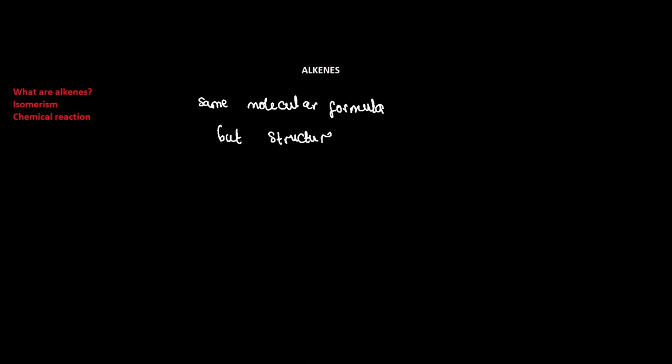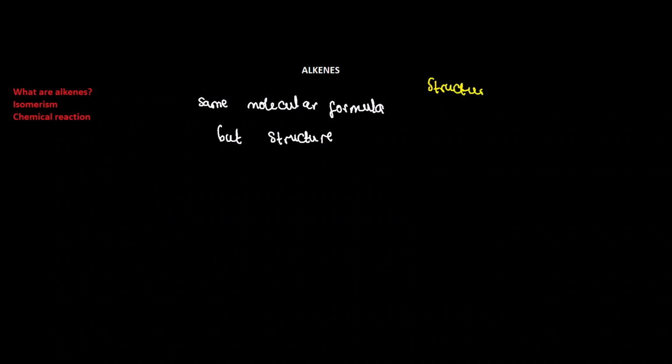So the way in which the atoms are arranged may be different, the position of a particular functional group may be different, and the geometry may be different depending on what type of isomerism is present. Now, alkenes exhibit three main types of isomerism.